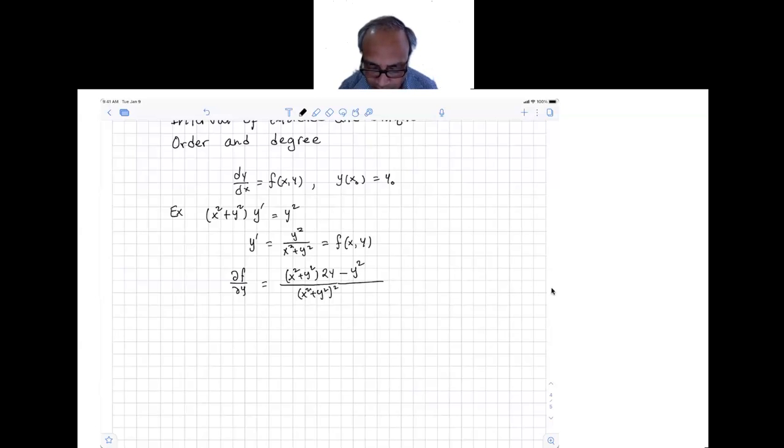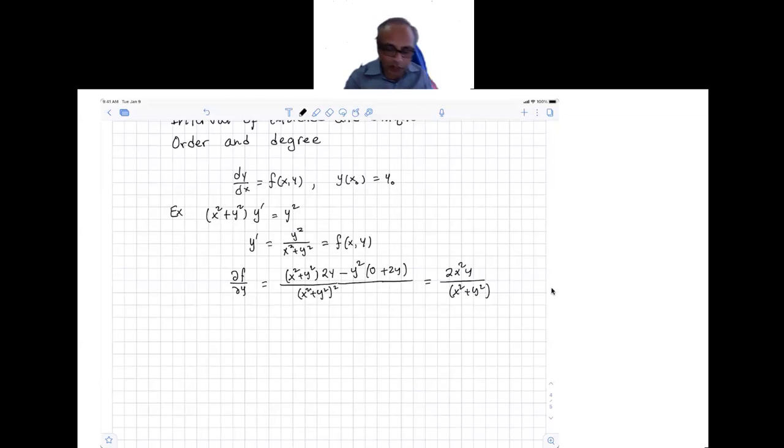When you differentiate with respect to y, x square leads to 0, so you get 0 plus 2y. Now you see that the 2y cube terms cancel, and what you get is 2 x square y over (x square plus y square) squared.